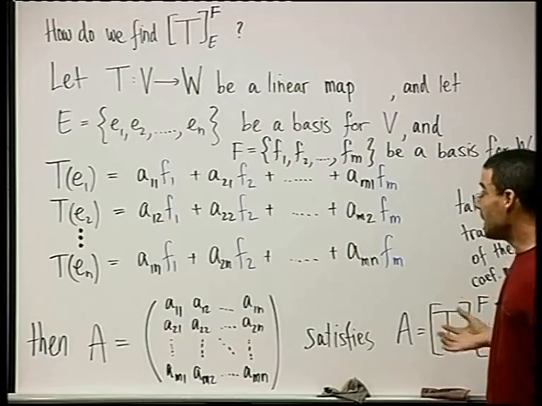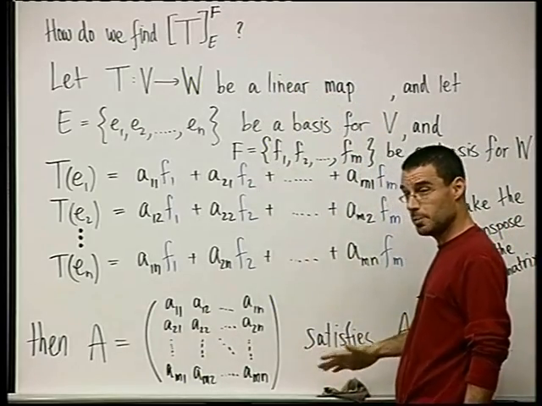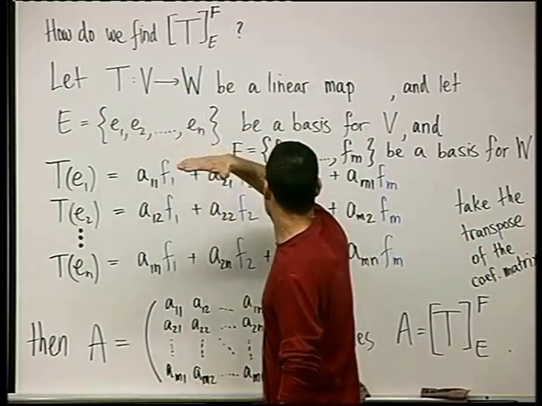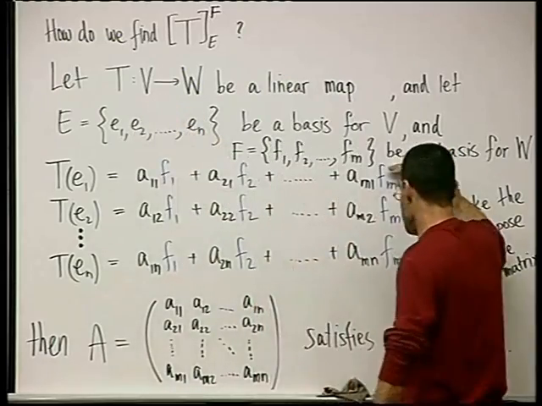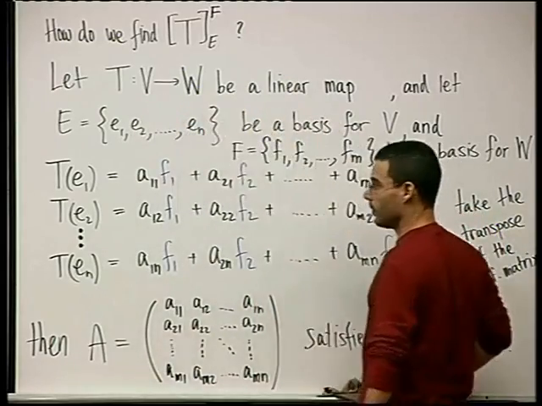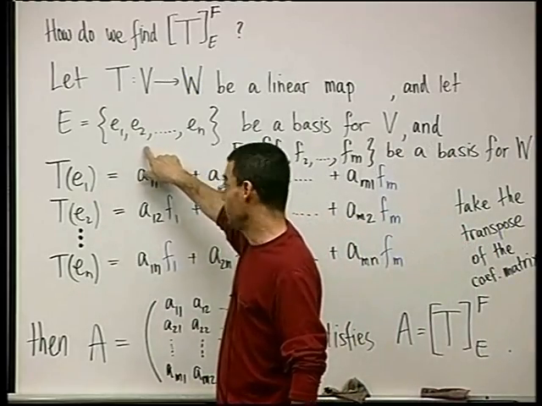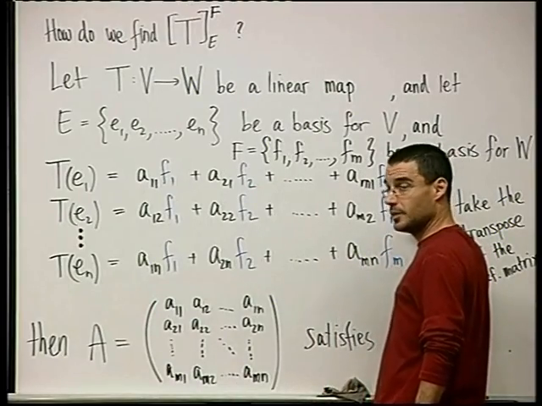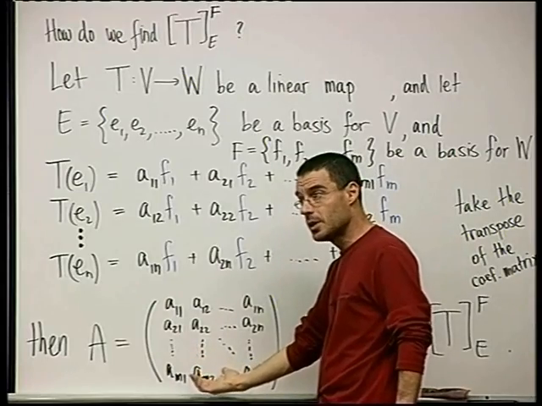Okay? So the statement is that if you follow this procedure, if you take a linear transformation, choose a basis for the domain space V, choose a basis for the range space W, do T to all the basis elements in E, spell them out as linear combinations of basis elements of W, take the transpose of the coefficients.